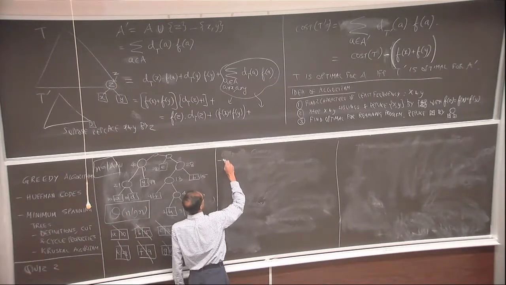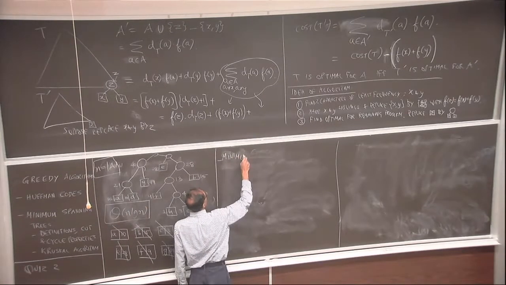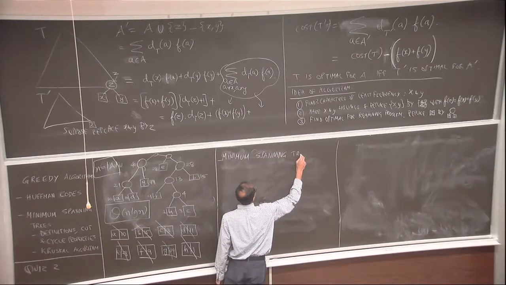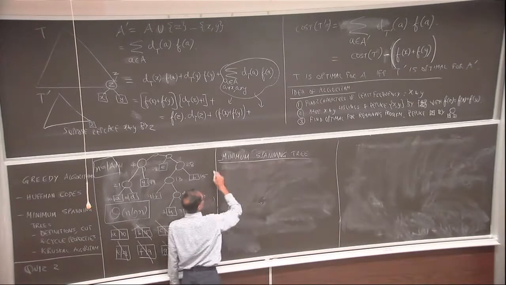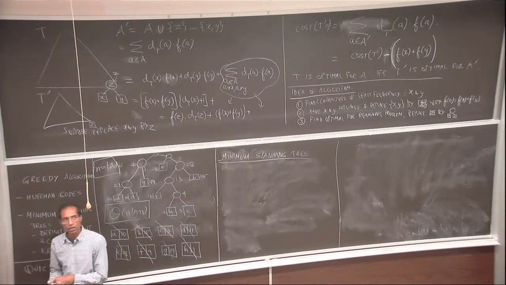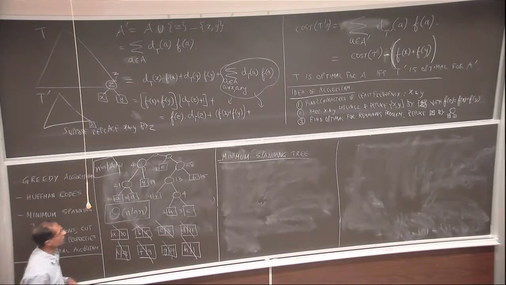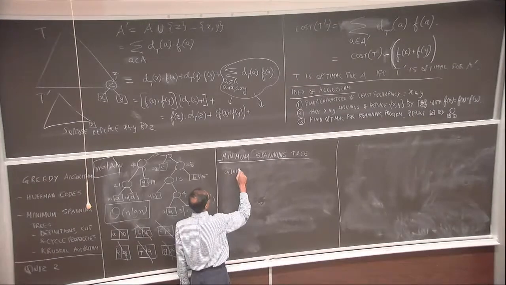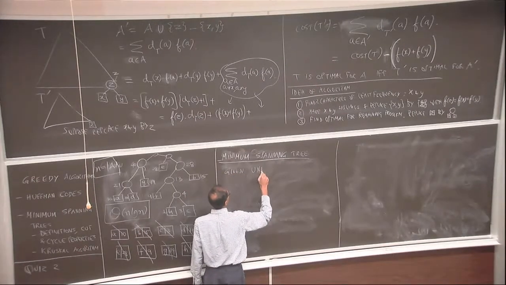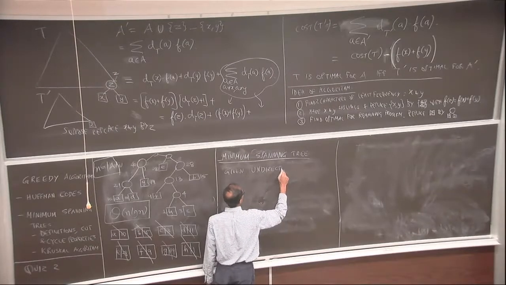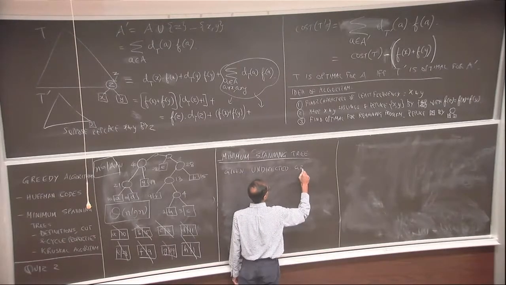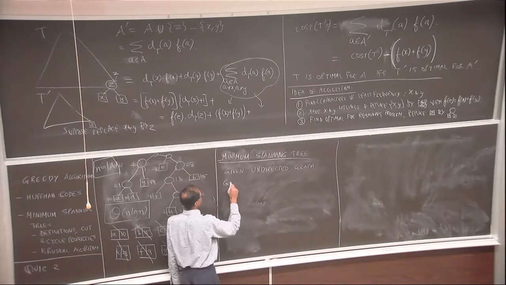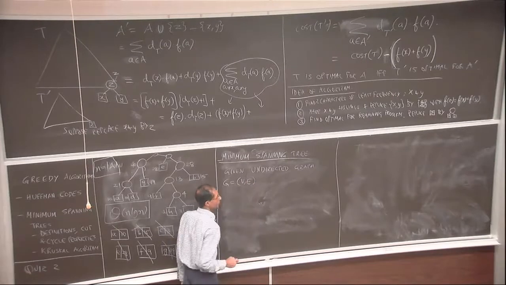This is called the minimum spanning tree. Okay. So here is the problem. The problem is you're given an undirected graph, G, with weights on edges.